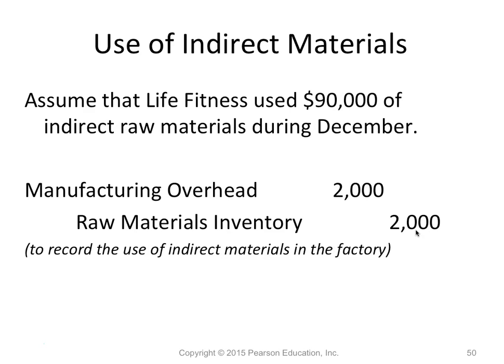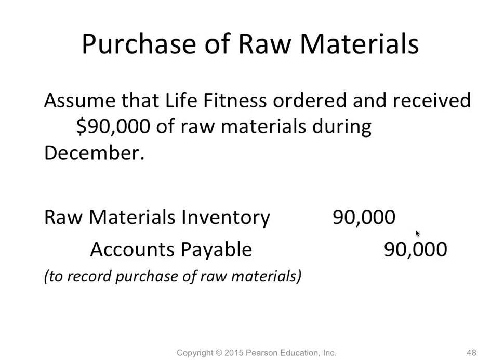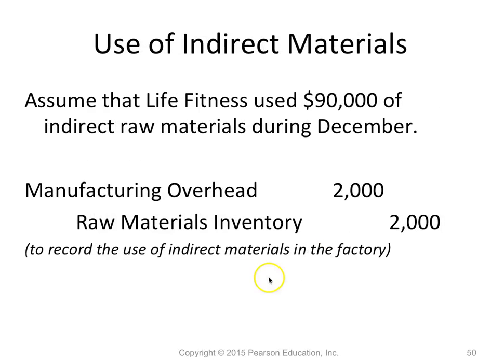So assume that Life Fitness used $90,000 of indirect raw materials during December, and indirect raw materials we consider overhead. Let me double check with the book, and there's a typo here.